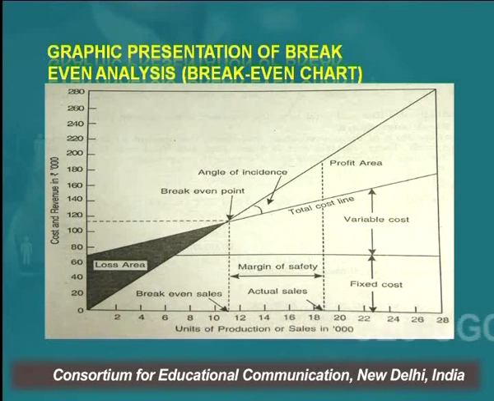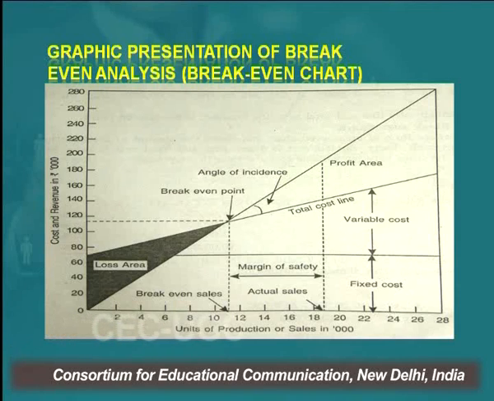Now, to start with, the very first line which I'll draw will be the total cost line. As you know, total cost is equivalent to fixed cost plus variable cost.